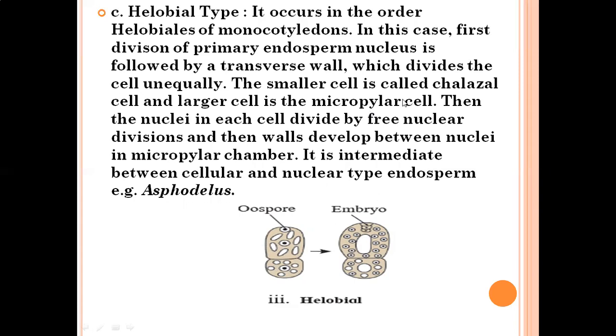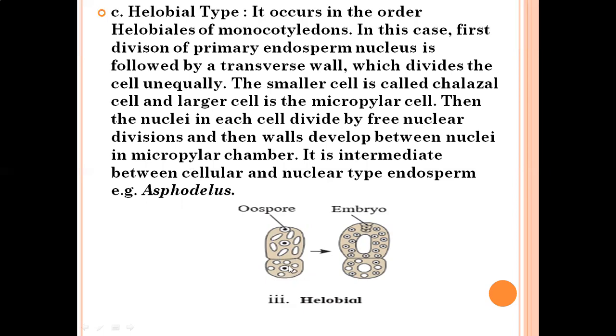Then the nuclei in each cell divide by free nuclear divisions, and then walls develop between the nuclei in the micropylar chamber. It is intermediate between cellular and nuclear type of endosperm.